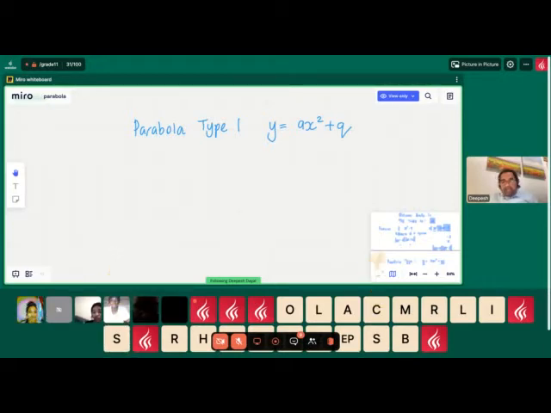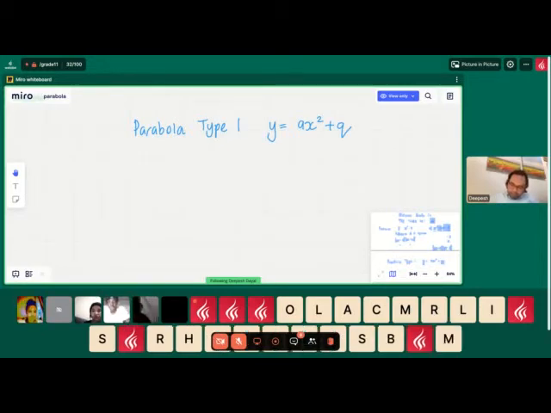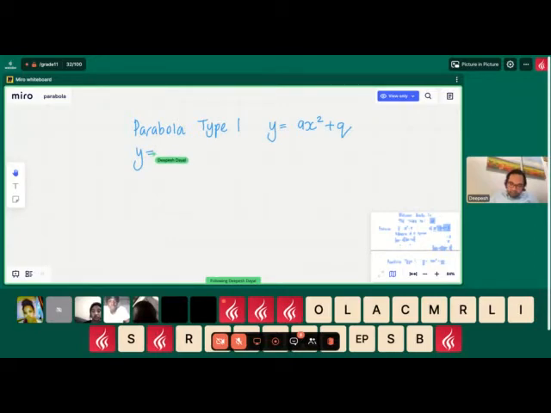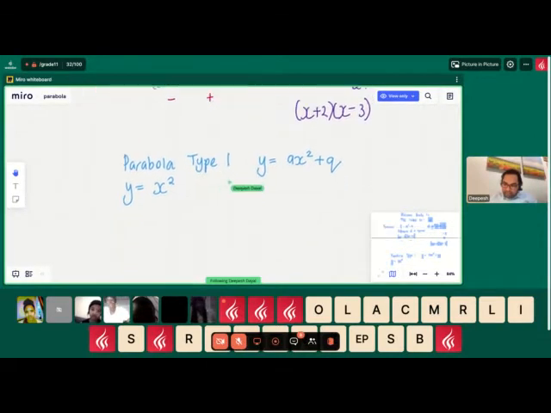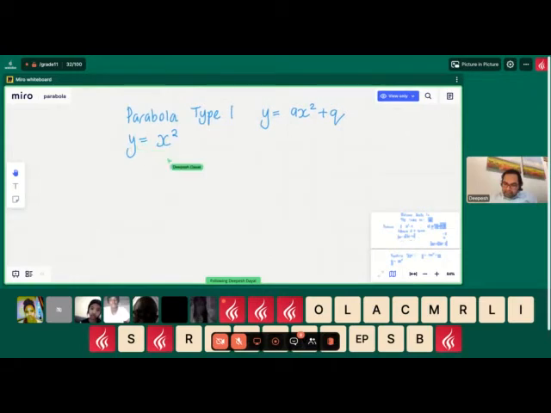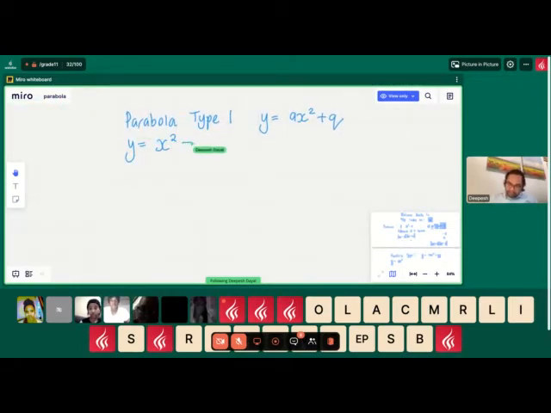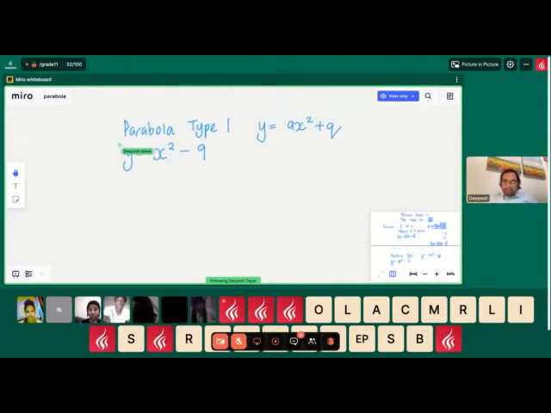So it's y equals ax squared plus q. An example of this one would be y equals x squared minus 9. Remember, in our previous one, we had x squared minus 4, so this one is similar to that. So x squared minus 9 is this type of parabola.